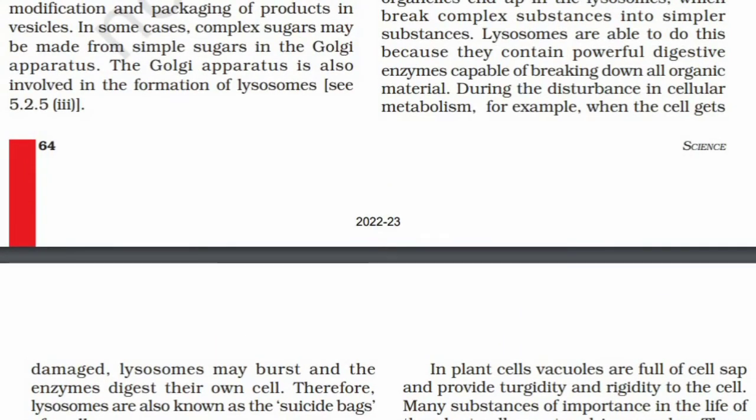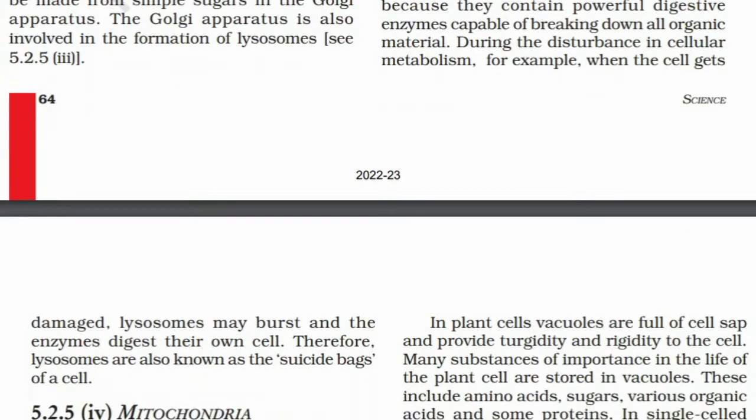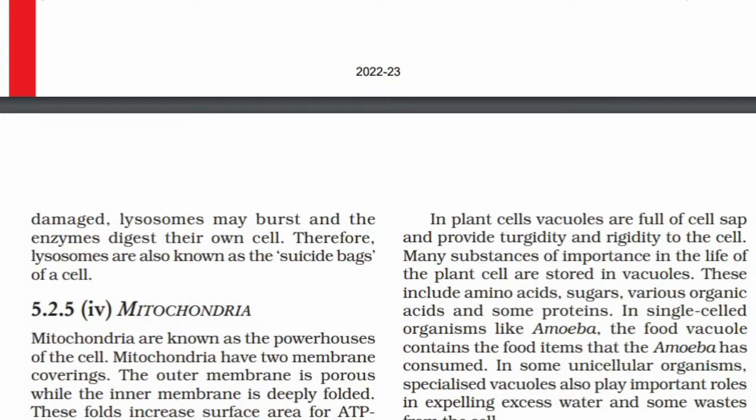Suppose a particular cell is damaged, lysosomes burst. The sac filled with enzymes bursts and the enzymes come out of the sac, and they digest their own cell. The whole cell is digested. It is broken down into simple substances, and therefore lysosomes are also known as suicide bags of a cell.